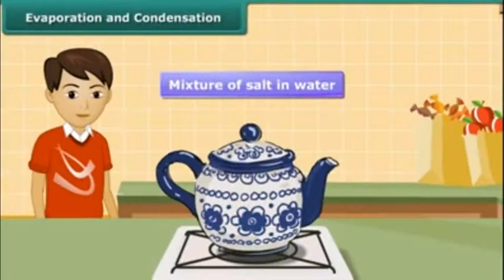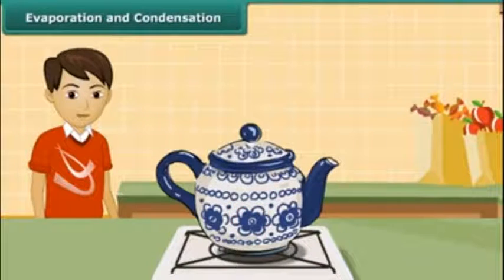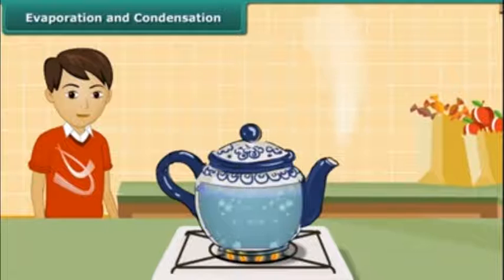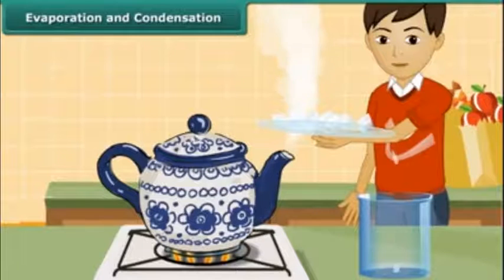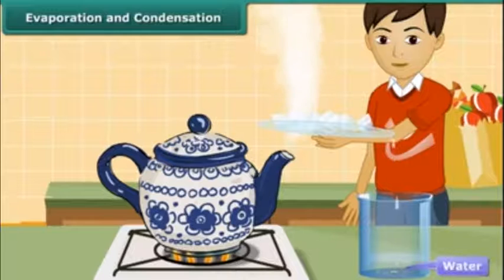Next step, transfer this liquid into a kettle, close it with a lid and heat the liquid. Do you notice the steam coming out from the spout of the kettle? Then take a metal plate with some ice on it. Hold the metal plate just above the spout of the kettle.